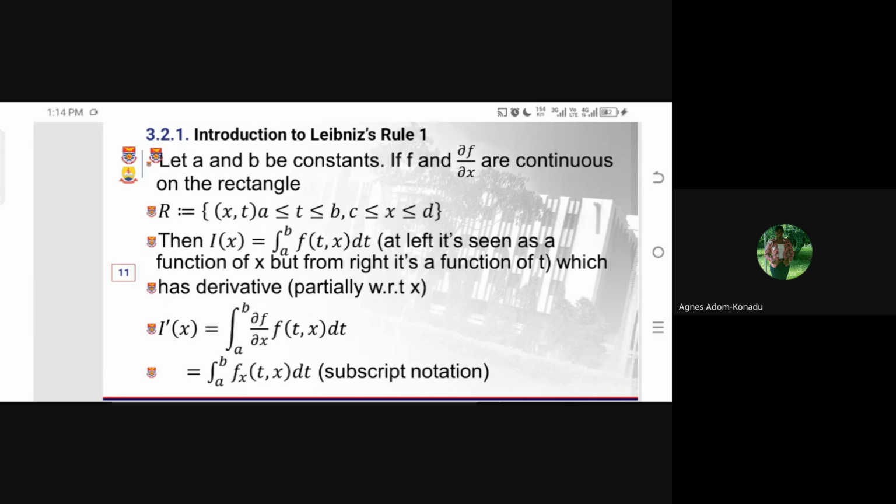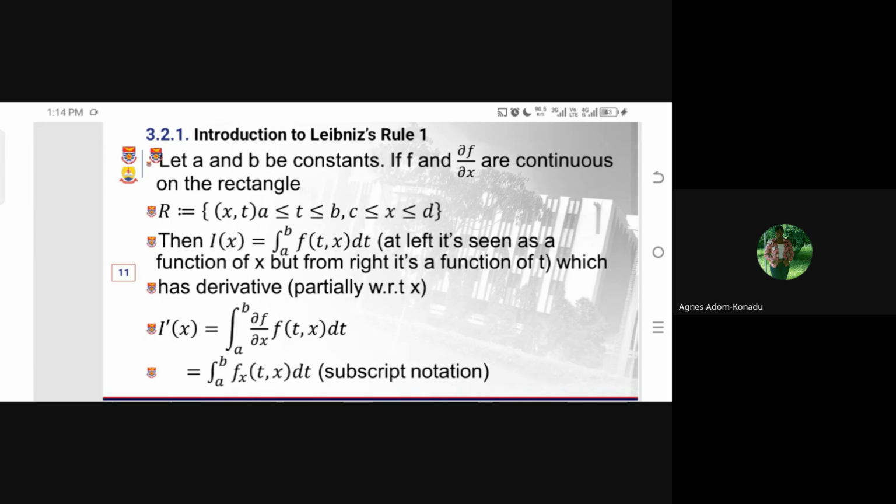Then we are saying that if you want to find I of x, you find the integral with limits a to b of f of t, x dt. So for the Leibniz rule, what we are trying to do is that we would have a function in terms of two variables.